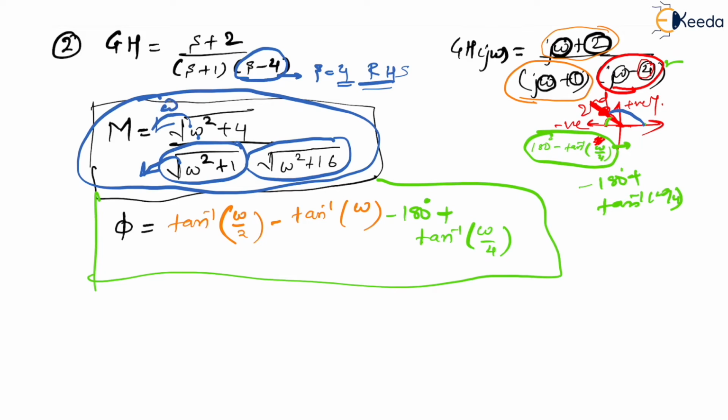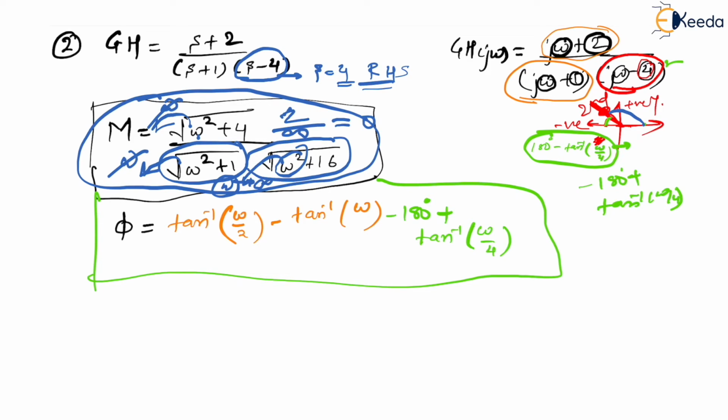If it comes out, it will become omega, and omega will get cancelled. But here you have one more term, because of which this omega square, when it comes out, will again become omega, which means in the denominator you are going to have omega. So if you place omega as infinity, you get under root of 4, which is 2 by infinity, which is equal to 0.